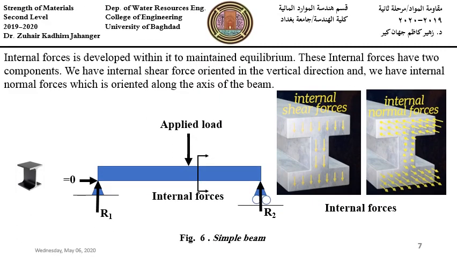So, to sum up the previous slide, the internal forces are developed within the beam to maintain equilibrium. These internal forces have two components. We have internal shear force oriented in the vertical direction, and we have internal normal forces which are oriented along the axis of the beam, as shown in figure 6.